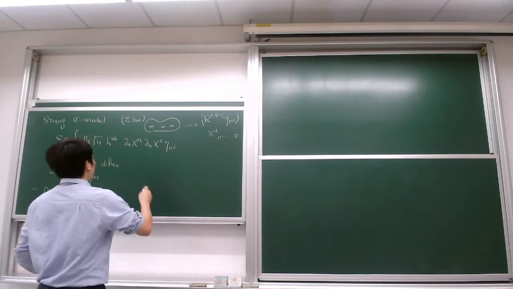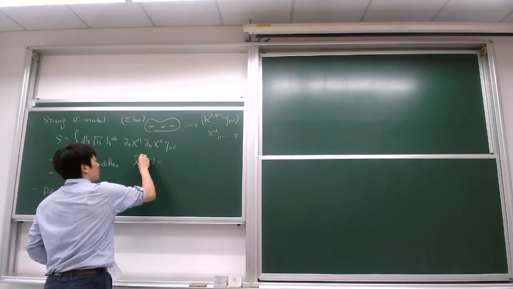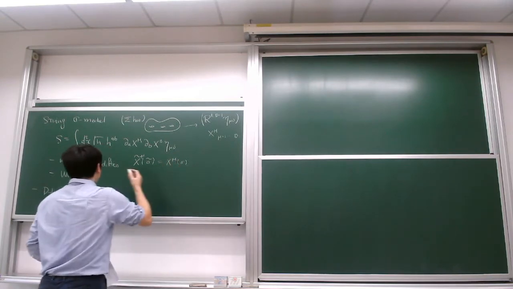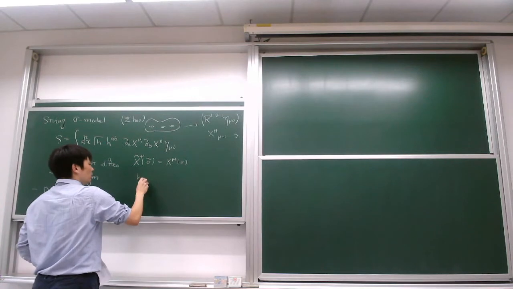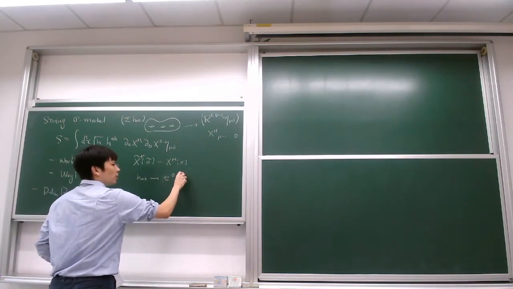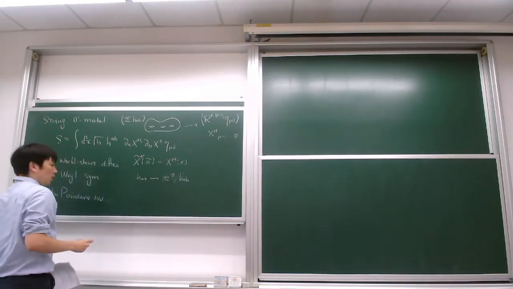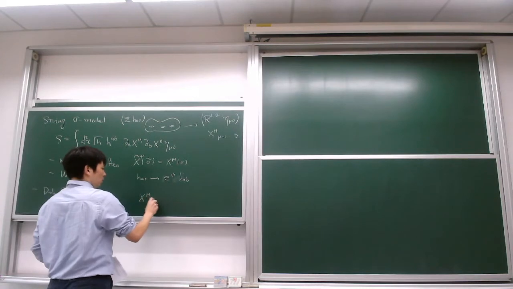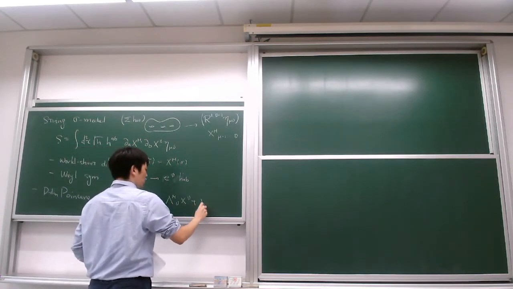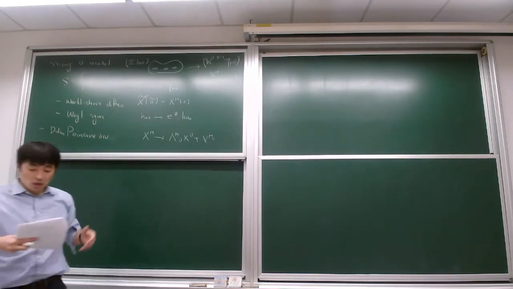Briefly, the first one is just a coordinate transformation of the worldsheet, and the Weyl symmetry is just a scaling of the metric, and then D-dimensional Poincare invariance is just X^mu goes to Lambda^mu_nu X^nu plus some constant. So that's a symmetry of this action.